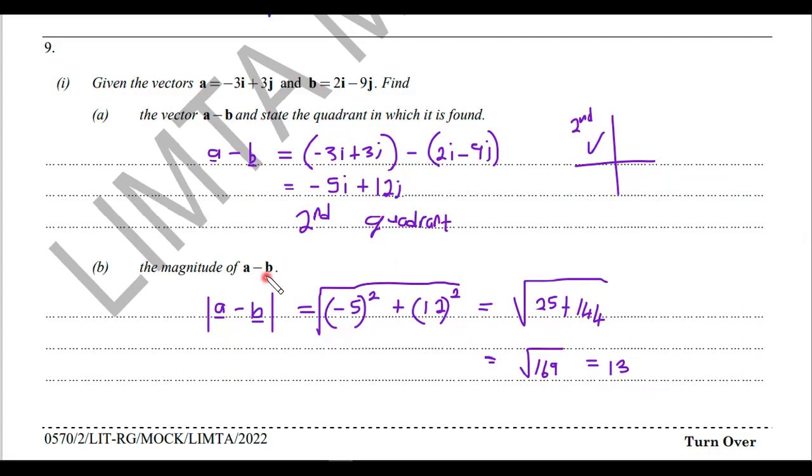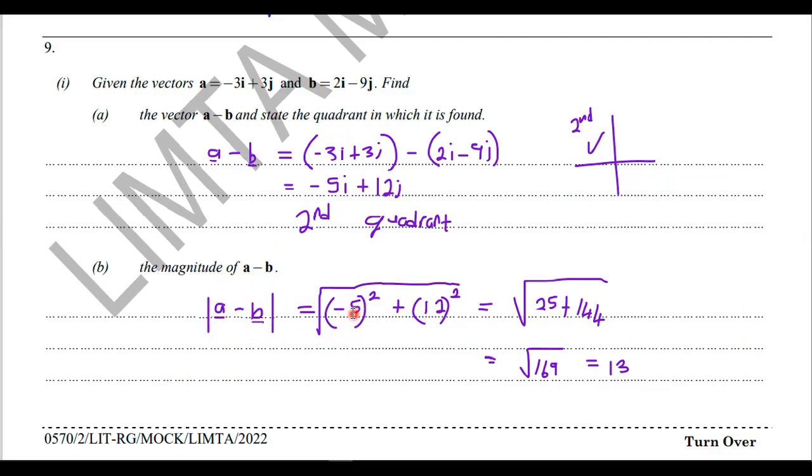Now, find the magnitude of vector A minus B. We already have A minus B, which is minus 5i plus 12j. The modulus or magnitude of a vector is given by the i component squared plus the j component squared, the root of all of that. So we have minus 5 squared, which is plus 25.